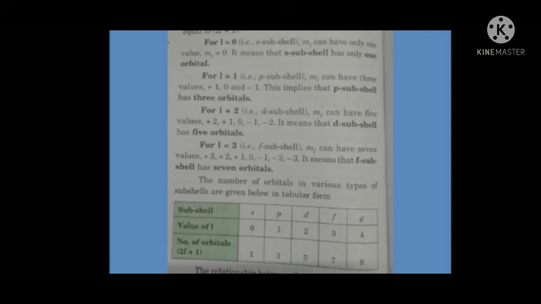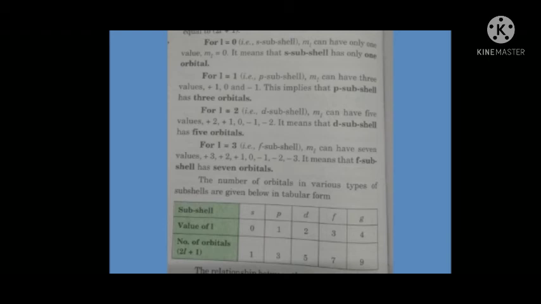So minus 3, minus 2, minus 1, 0, plus 1, plus 2, plus 3. These are the possible values of magnetic quantum number. Total 7 values are there. So we can tell that for the f subshell, there are 7 different orbitals. Okay. Like that it goes.